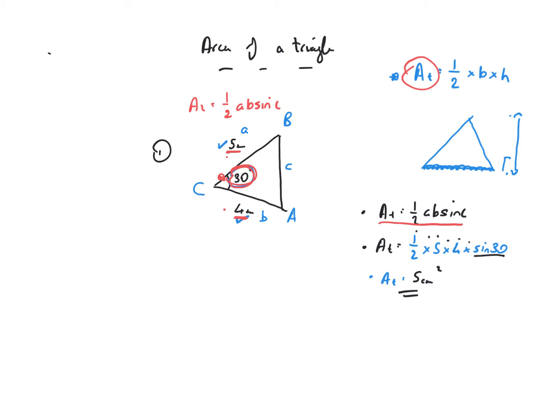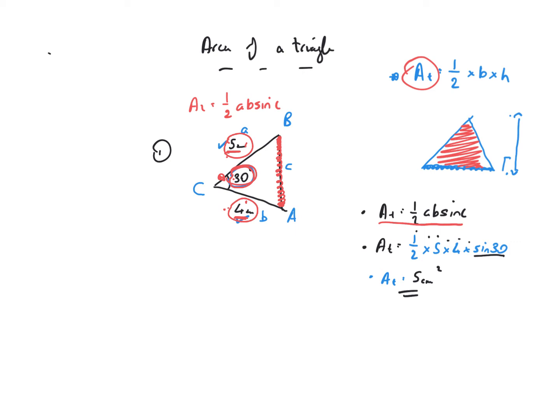Now that's similar information as to when you use the cosine rule for a side, but the difference being is that question is asking you to find the length of a side, well this question is asking us to find the area of the triangle, which is the amount of surface that's inside the triangle. Both give me the same type of information, which is 2 sides with an angle sandwiched in between.